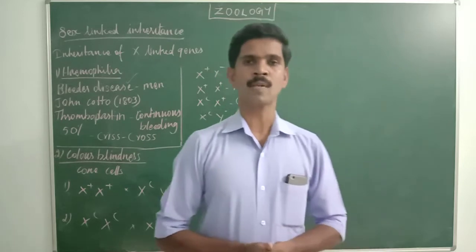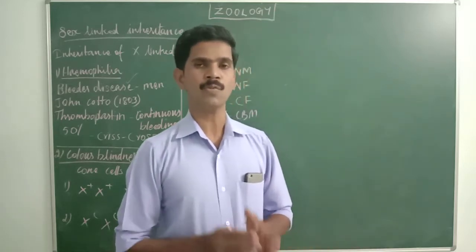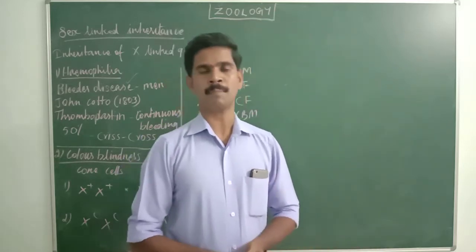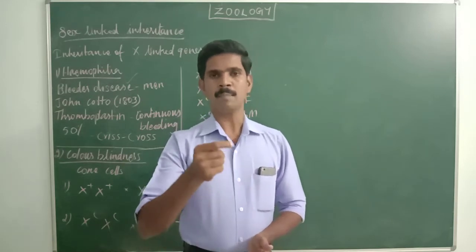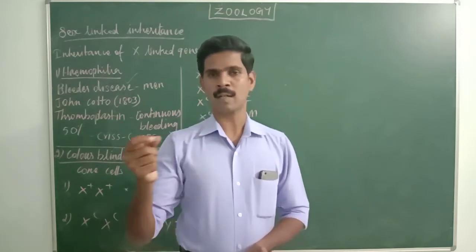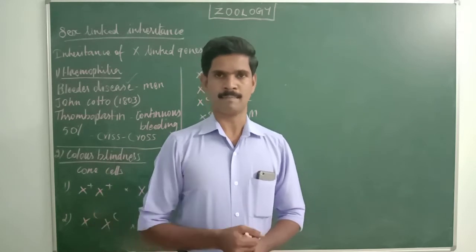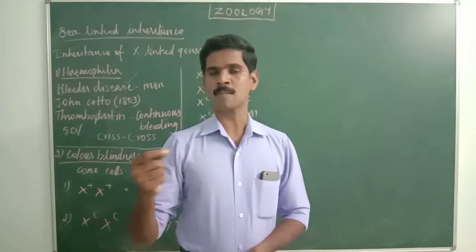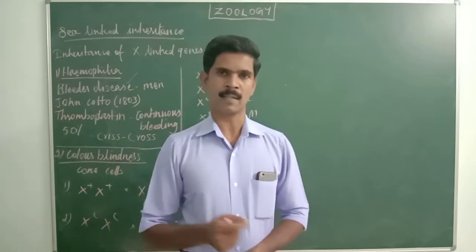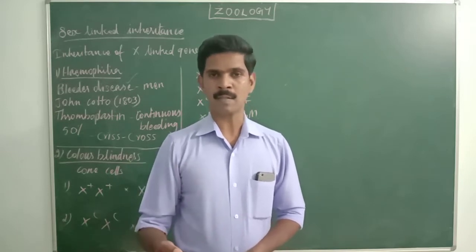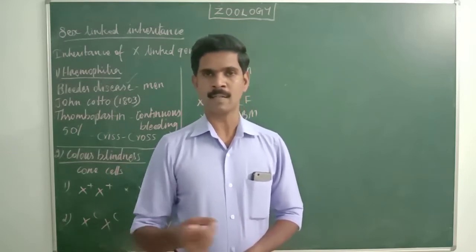Before studying this disease, you should remember one important point. What type of persons can produce a color blind son? What gametes are responsible for a color blind daughter, or for a carrier daughter?